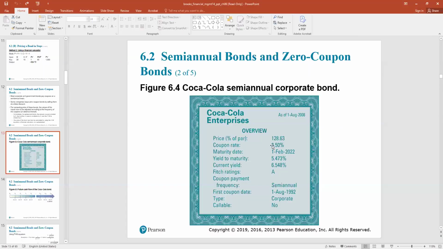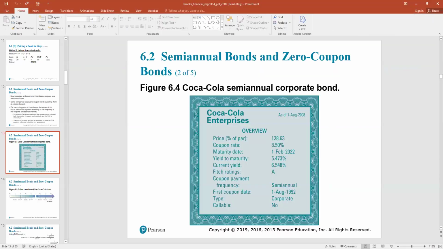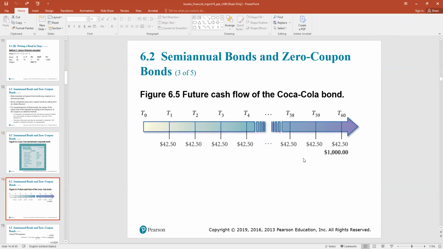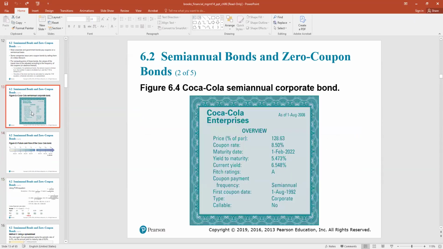Then we'll have 8.5% for the coupon, which we divide by 2. Right? And if you multiply the coupon rate by face value, this much you will be receiving every period. And the YTM is 5.473 here, 42.5. Here they use a different YTM. Guys, there is a kind of typo here.